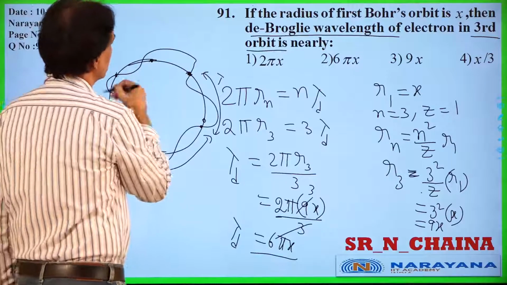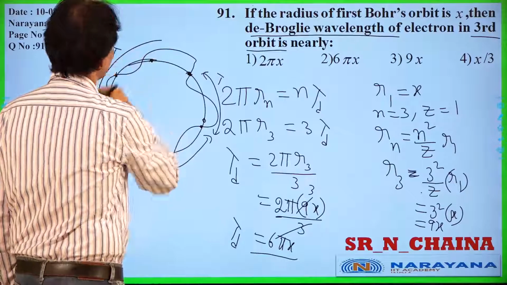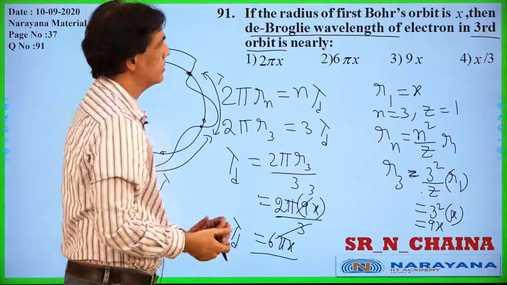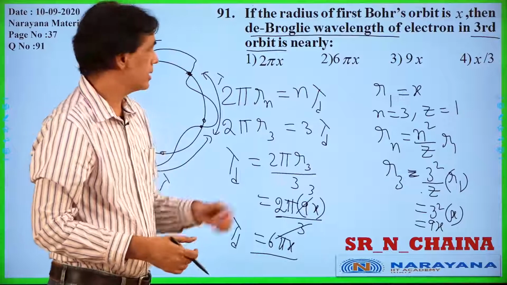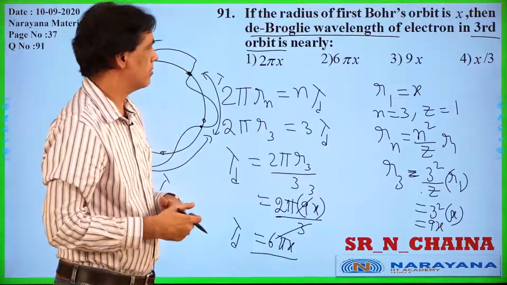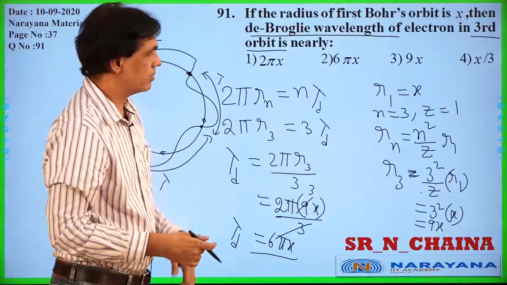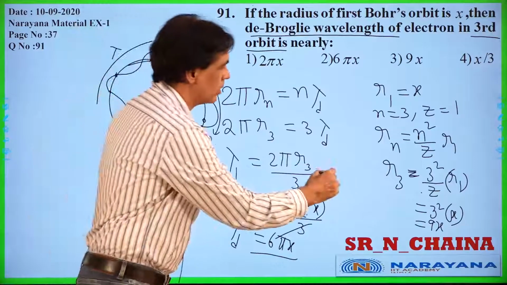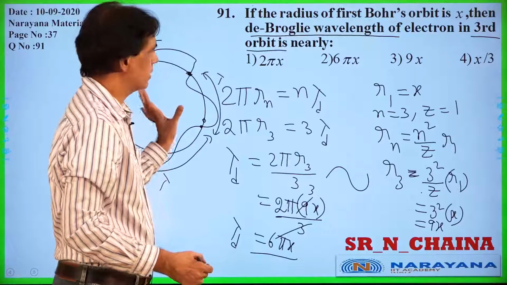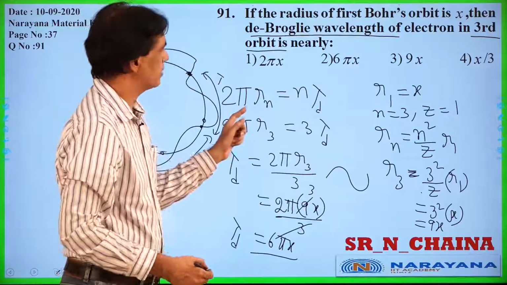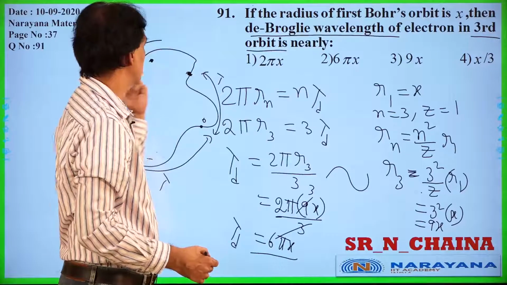So totally, the circumference is equal to 3 lambda. In the third orbit, circumference is equal to 3 times wavelength. One wavelength means one crest and one trough together. So if I draw 3 waves here, 3 lambda should be equal to its circumference.